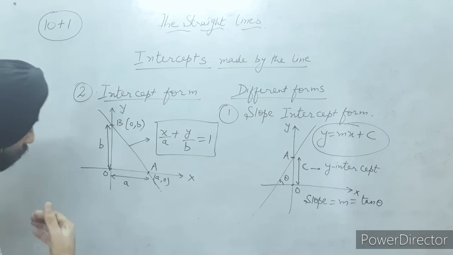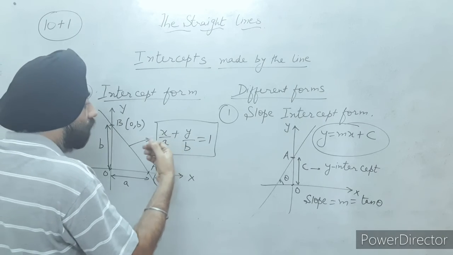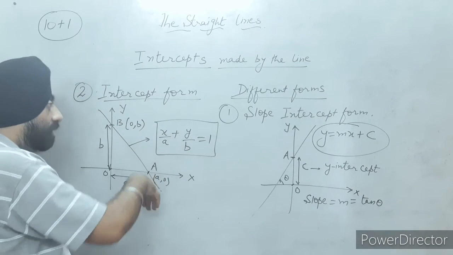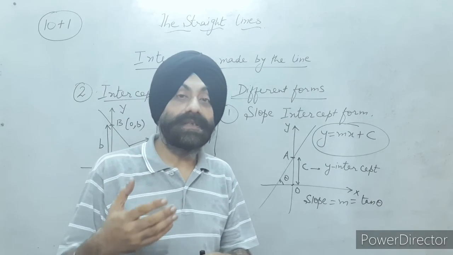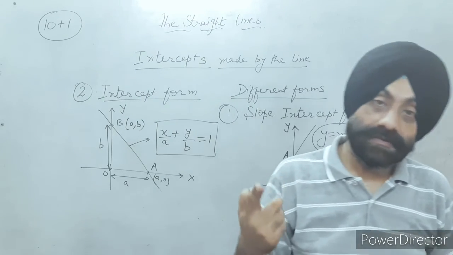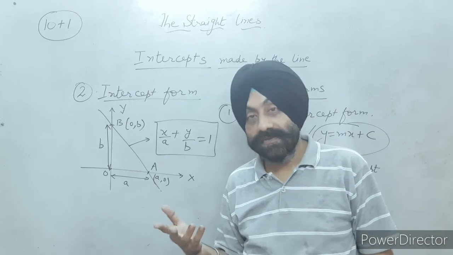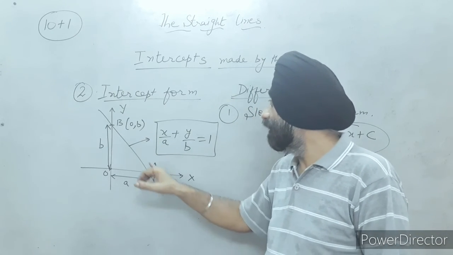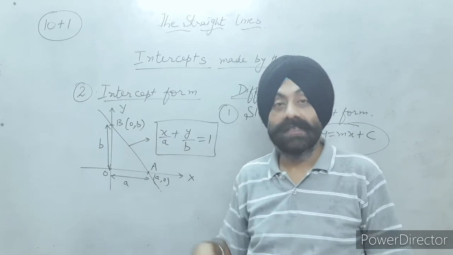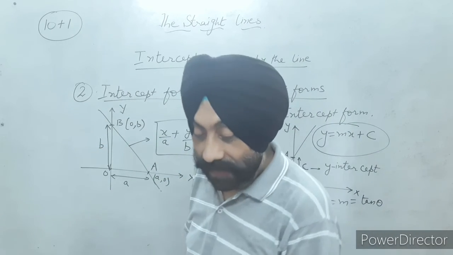How we derive this equation will be discussed when we learn to form the equation of a straight line passing through one point, through two points, and so on. These are the two points A and B through which the line passes, but that will be discussed later on.